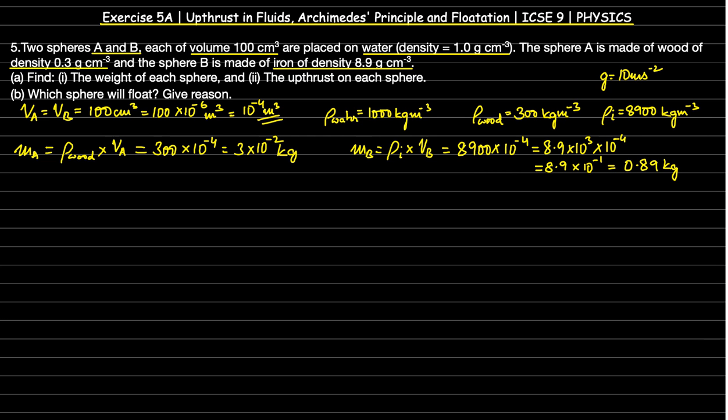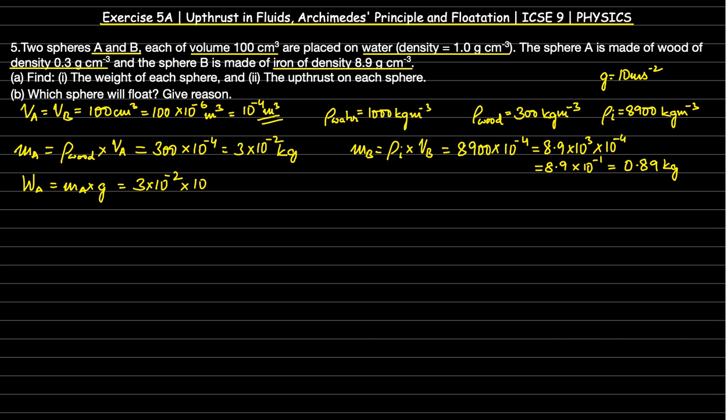Now we know the weight formula, that is, first we will be finding the weight of A, that's going to be equal to mass of A into acceleration due to gravity. So mass of A happens to be 3 into 10 to the power of minus 2, into acceleration due to gravity, which happens to be 10.